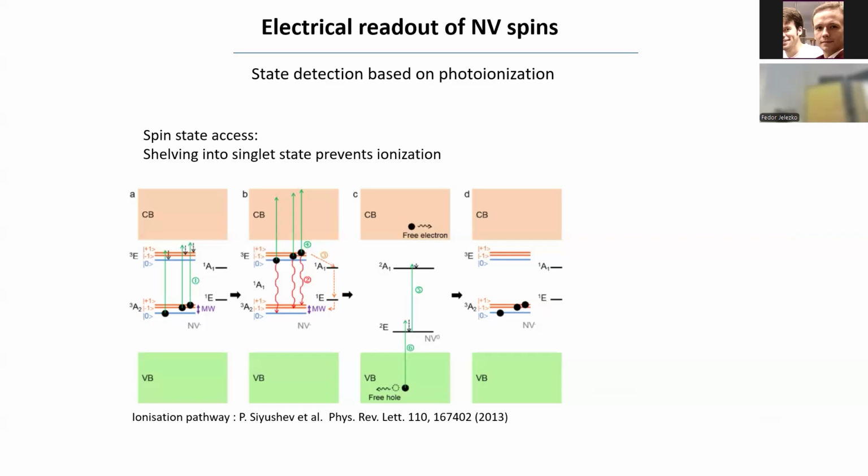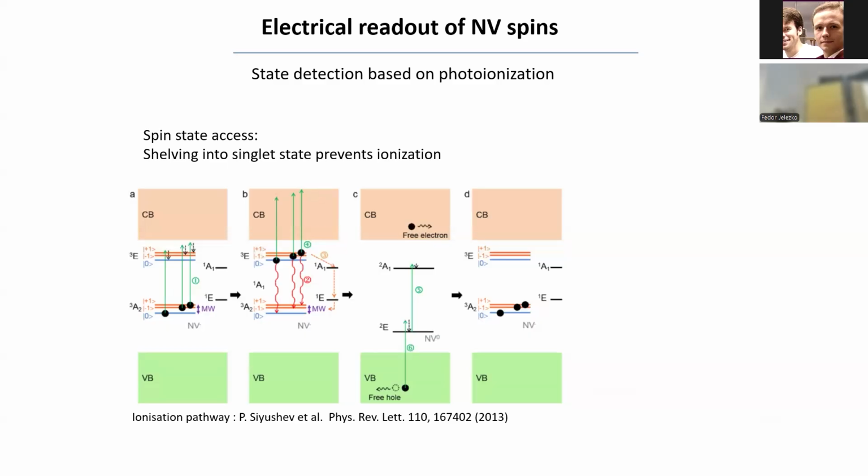Is the spin contrast because of the different lifetime of the excited state, or what's the reason that you have a different photoionization rate from ms=0? Okay, yeah, that's a good point. It's exactly the same reason as for fluorescence. From the ms=±1 state, the system gets shelved very quickly to a singlet and falls down very quickly to the 1E state.